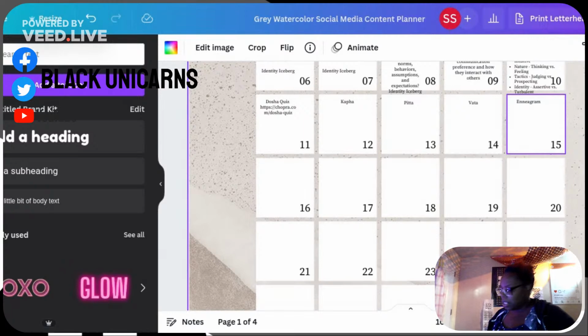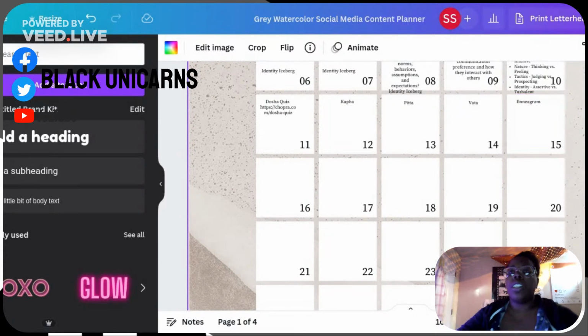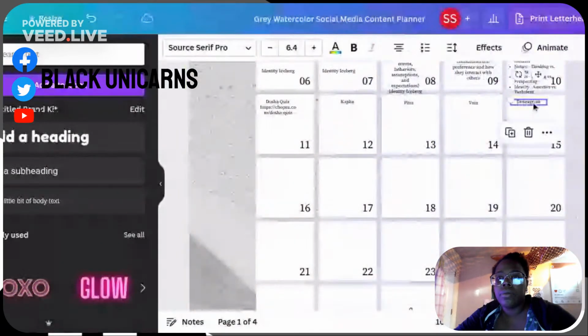Is that the 16 personalities? No, because 16 personalities just gives me ENFJ. It's not attachment. I'm just gonna put in ocean tests. Personality. Oh, that's the big five. That's what it is. So let's talk about the big five.